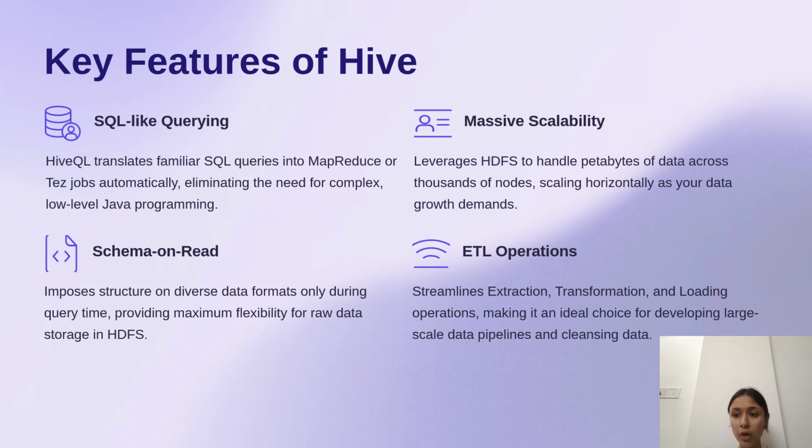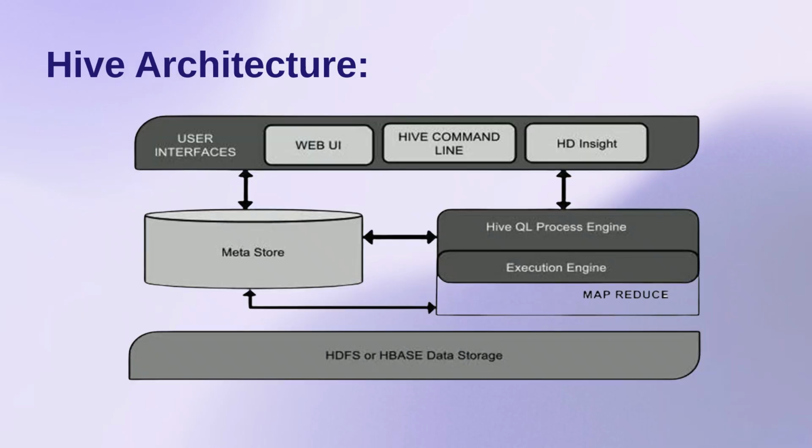So now, moving forward, we are going to discuss the architecture of Apache Hive. The architecture of Apache Hive has five main components: the user interface, metastore, HiveQL process engine, execution engine, and the data storage.